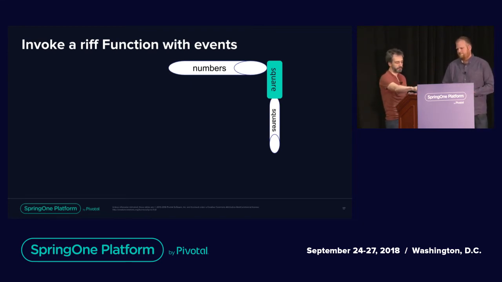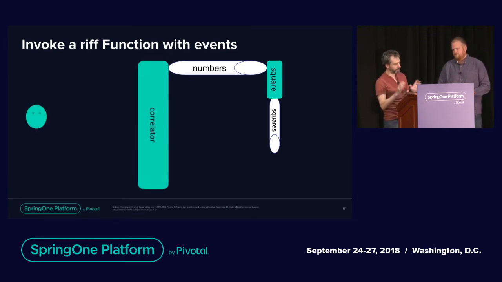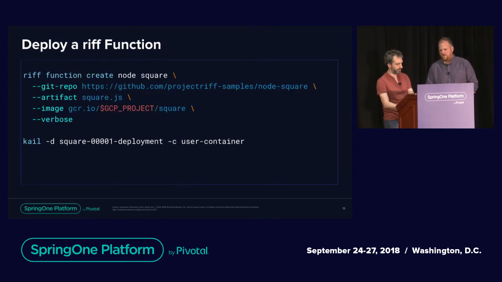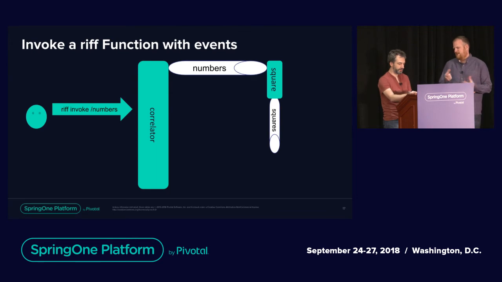So the intent is that the data will flow from here to there, but given that we're outside of that cluster, we had to use a correlator app that we can invoke directly, but that can talk to the numbers channel. And so I made a request, and we know it got to the square function. We just didn't get a reply. We have a 202 reply, but we don't get there.